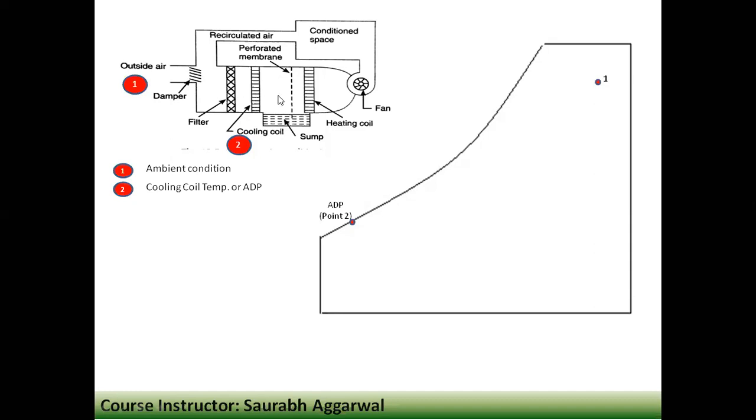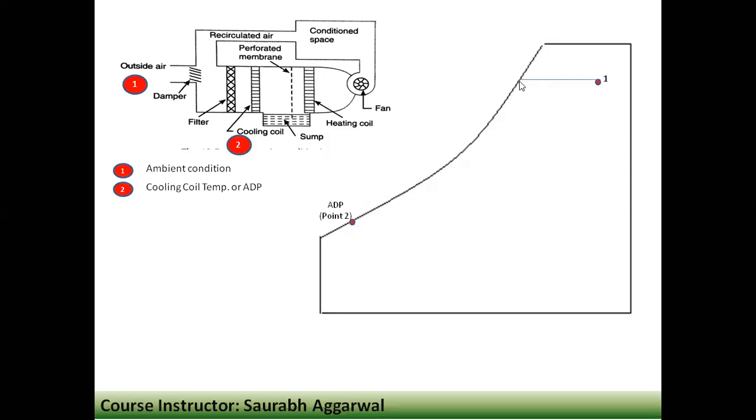Okay, now this air at point 1 will first start to cool. So it will be sensibly cooling, and when there will be sensible cooling, it will follow this path. As you can see over here, this line, it will follow this path and reach the saturation point.